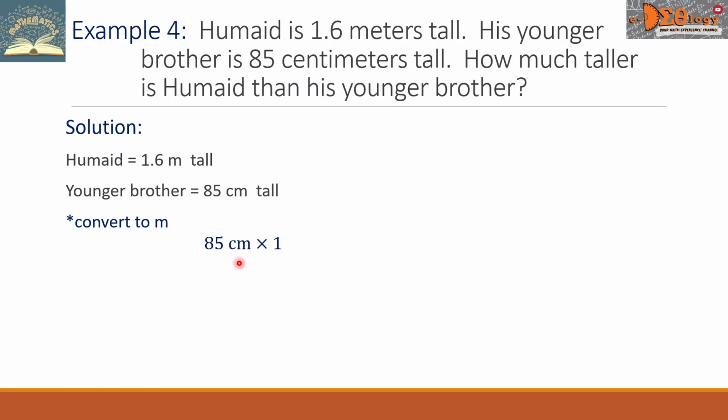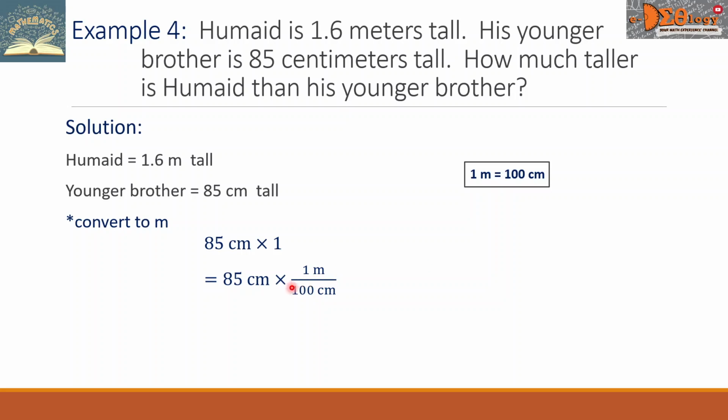So 85 centimeters times 1. Remember that 1 meter equals 100 centimeters. We're going to create a fraction out of this equation that is equal to 1. So we write 1 m over 100 cm.